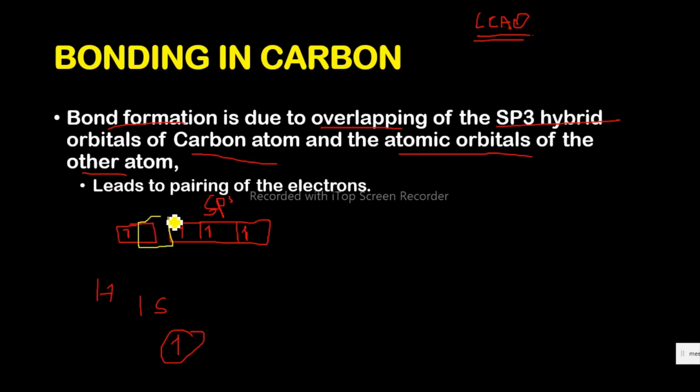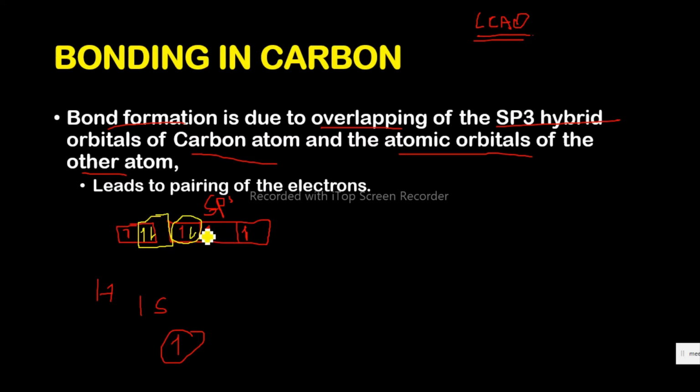This is our new s orbital with an unpaired electron. This one brings its electron, and this electron gets closer to the other electron, so that the two are paired. However, they are from two different atoms. Then another one comes in and pairs up. Remember, these electrons are opposite.